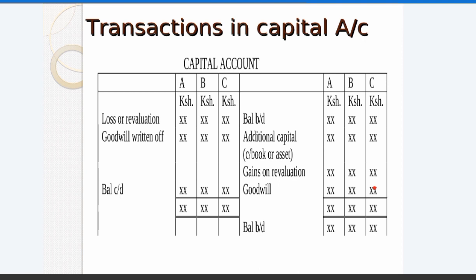And number three, if there is a creation of goodwill. Having said that, how can this capital reduce? Because we have said it can increase through additional capital, gain on revaluation, and creation of goodwill. That is why we are then debiting the capital account.